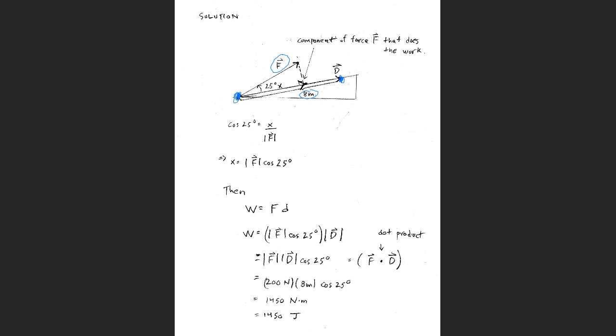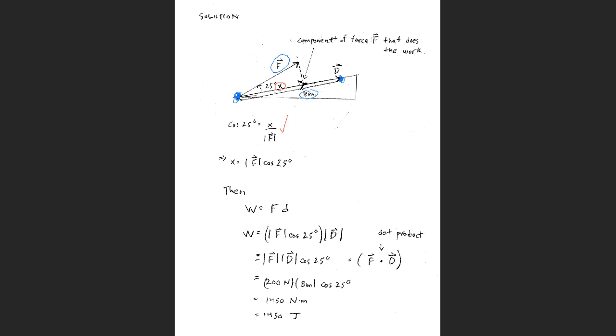So I'm going to draw a right triangle here from the force down to the ramp, and this value of x, this horizontal component of that force, which is parallel to the ramp, is what I'm interested in. So the cosine of 25 degrees is x over the magnitude of the force.